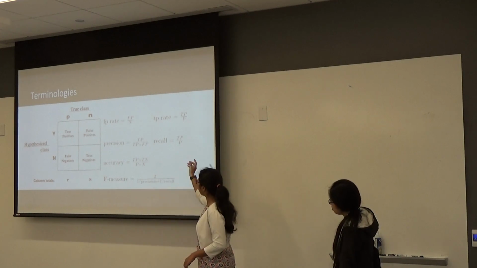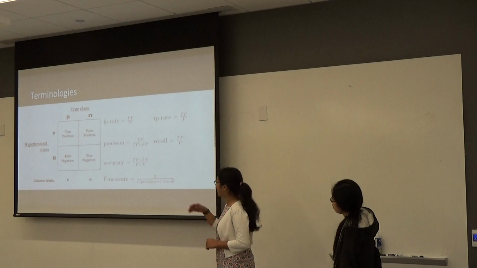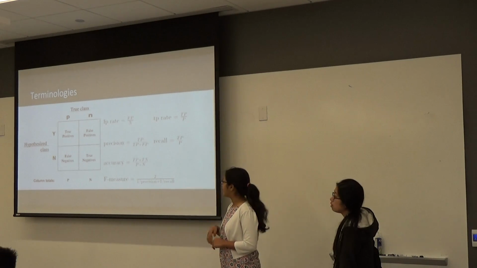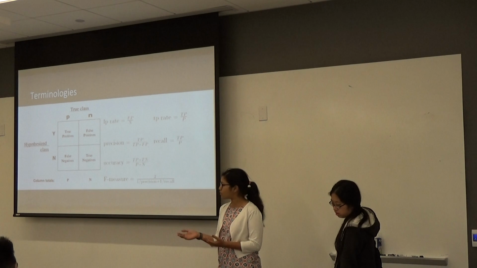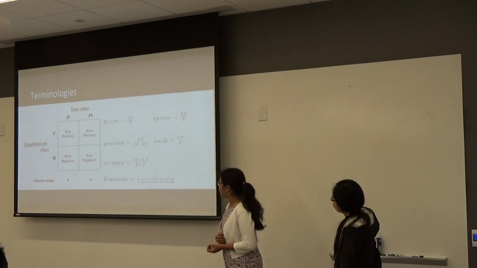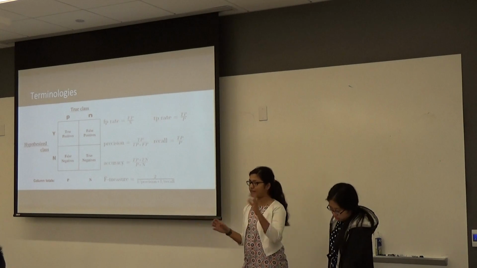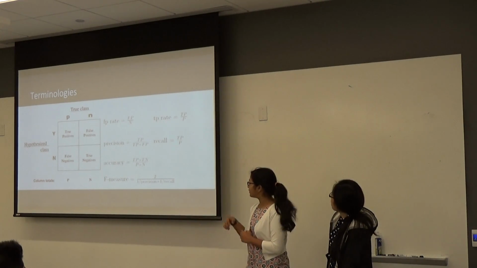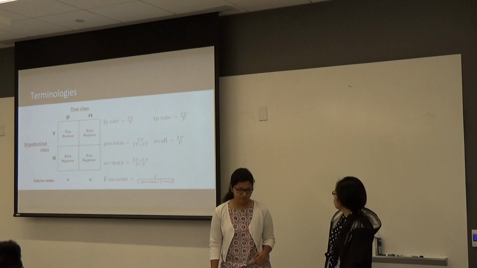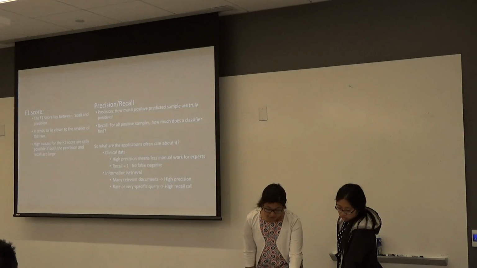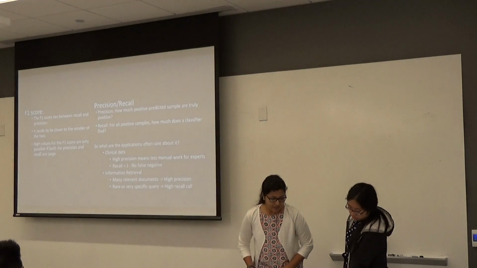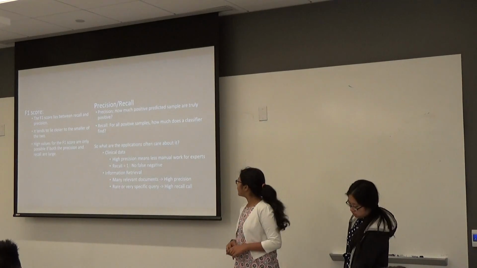Then we have precision and recall as discussed, and accuracy is the percentage of correct predictions over the total predictions. And the F measure is your harmonic mean. We take precision and recall and combine them, and what we get from that is your F measure. So moving on to the next slide.